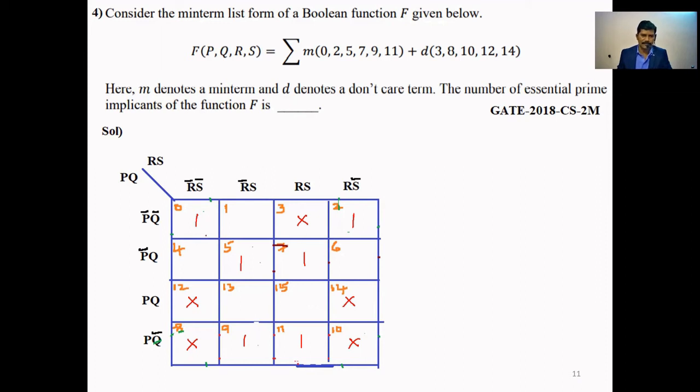Now try to group. Coming to the first minterm, cell 0, observe how many possibilities are there. Only one quad is possible, so let us group this one. This becomes essential.